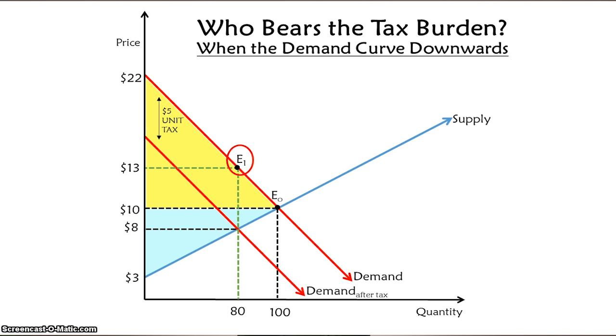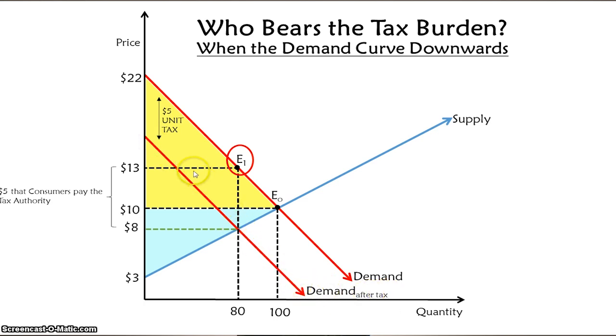As a result of the tax, however, the producers will receive from the consumers only $8 on the sale of the 80th shirt, as $5 will be paid by the consumers to the tax authority. This means that the demand curve, as perceived by the suppliers, has shifted downwards by the size of the tax, which is $5 in our example.